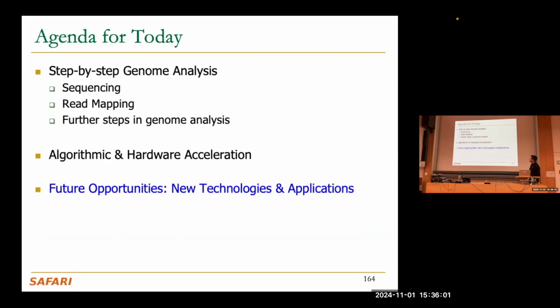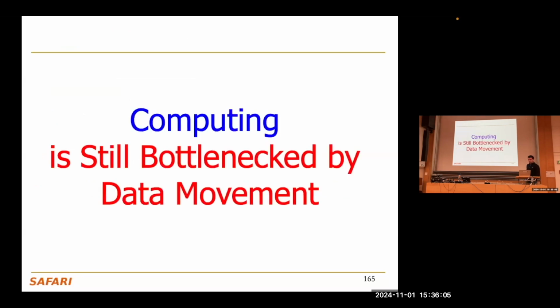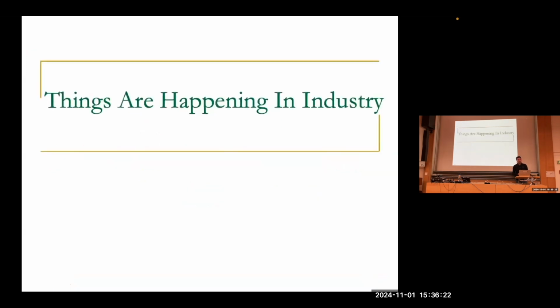I'll now conclude with some future opportunities in genome analysis. What we see is that computing is still bottlenecked by data movement, because, as I said, there are many steps in genome analysis. There are many applications, and depending on the application, the needs will change. So remember the pipeline that I showed you earlier. But what we see is that things are happening in the industry.